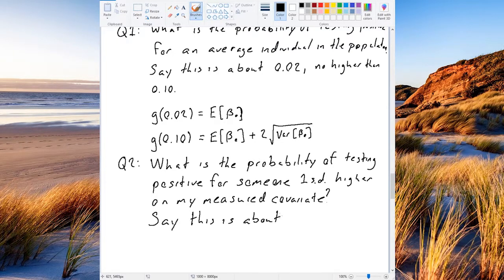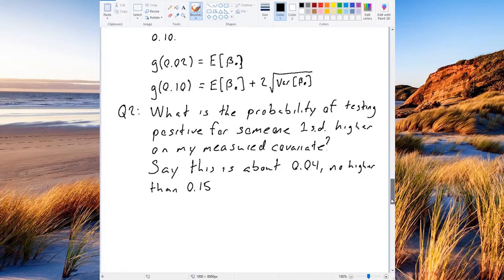So let's say that this is about 0.04, no, higher than 0.15. Now, this is going to be a little harder because I know that g of 0.04 is going to relate to not just beta 0, but beta 1.